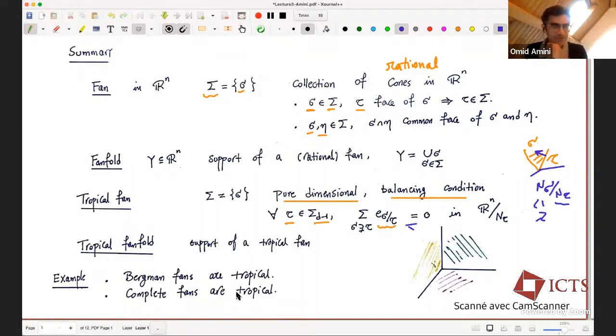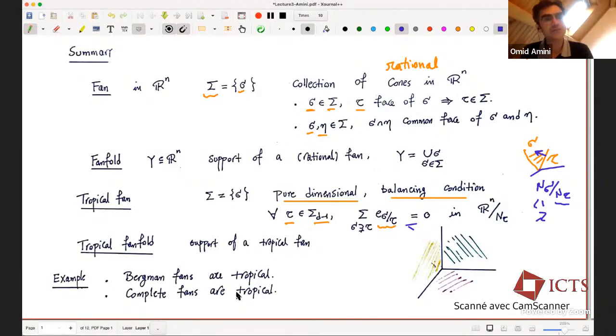This is a property of the vector space R^n. What is a complete fan? It means that the fanfold defined by the fan is the full R^n. So in that case, every time you have a cone of dimension d minus 1, it has exactly two cones of dimension d around, and of course the vectors are just opposite to each other.